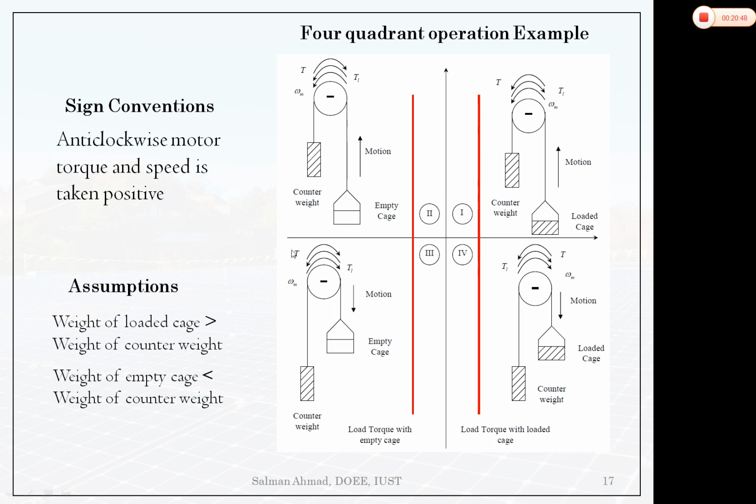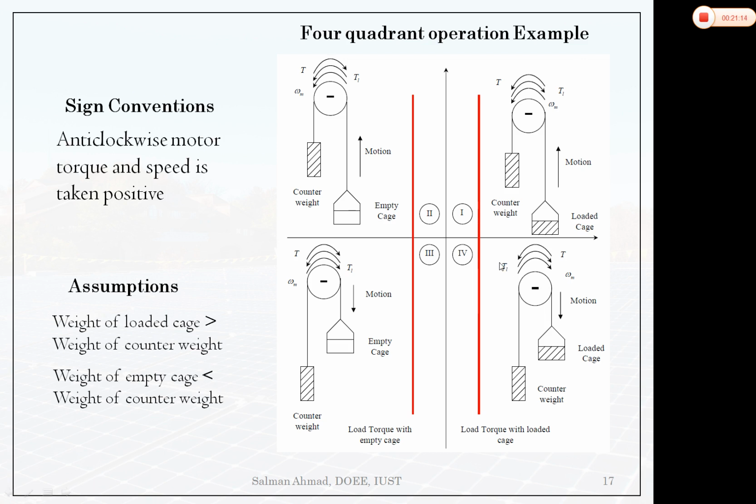So speed is in the clockwise direction and motor torque is also in the clockwise direction. Both are negative, but this is motoring operation because power, the product of torque and speed, is positive. Since speed is negative, we call it reverse motoring operation.